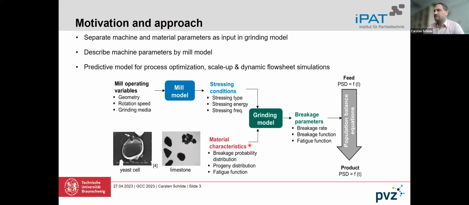And the combination of these both functions lead then to an overall grinding model, and from this model we try to derive parameters which can be then used also to predict grinding processes. In our case, we often use population balance methods. That means we need an expression for the breakage rate, we need an expression for a breakage function, fatigue function, and then go further within our modeling.